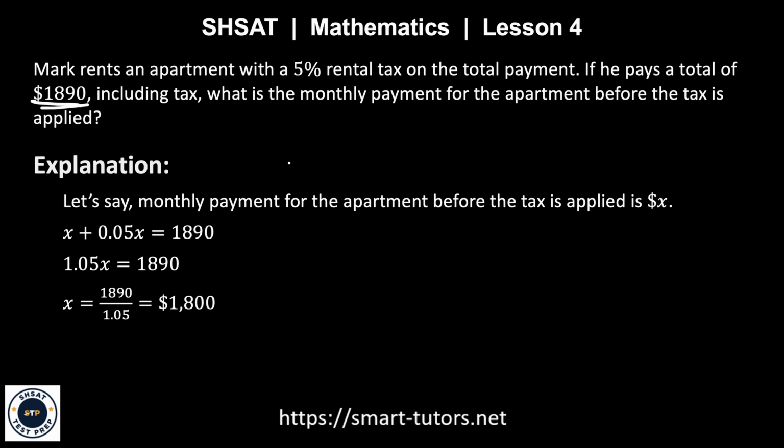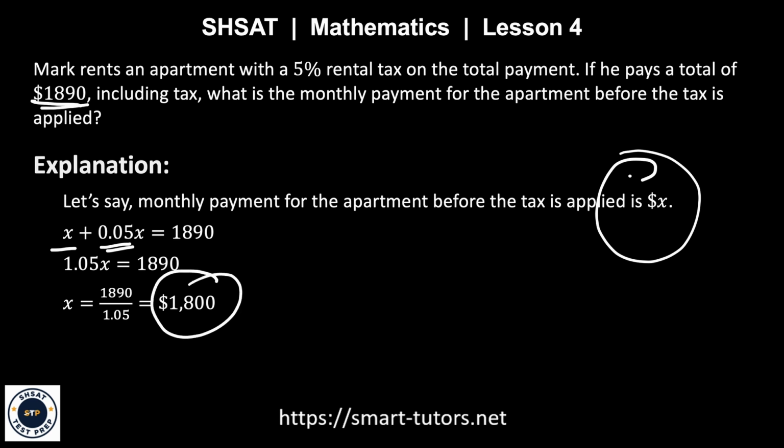So let's say the payment without tax is X. Then you need to find 5% of that and add it to the original payment, which gives you $18.90. So that is X plus 0.05X equal to $18.90. Add them up: X plus 0.05X gives you 1.05X equal to $18.90. Divide both sides by 1.05, and that gives you $18.